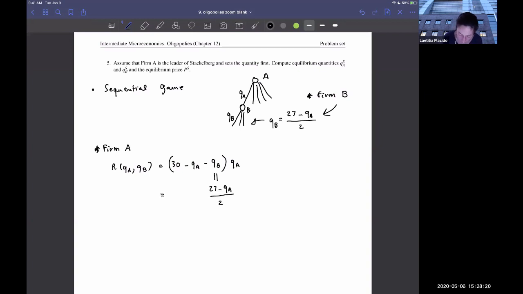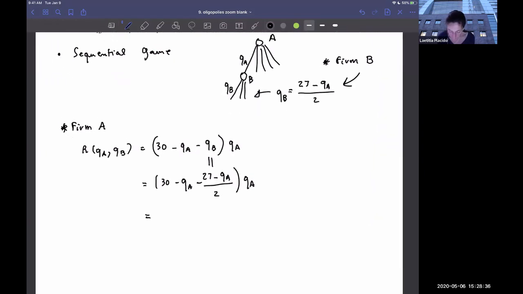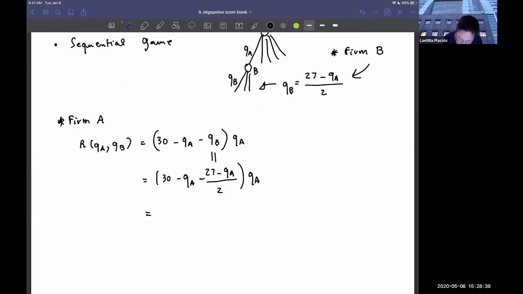So revenue is (30 minus QA minus this) times QA. Let me develop this: it is 30QA minus QA squared minus 27 over 2 QA plus QA squared over 2.